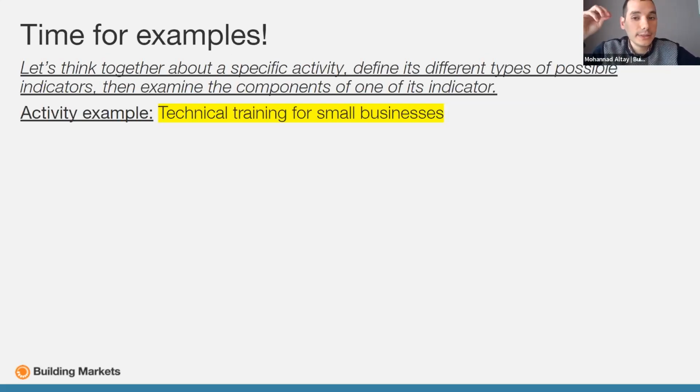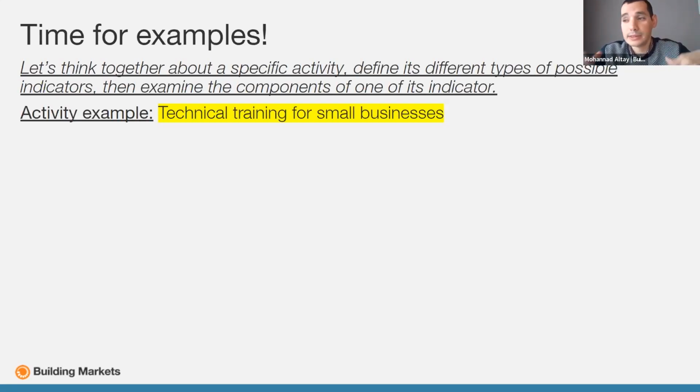Okay, so let's take this service in particular, and let's think together what kind of different indicators we might have for it.